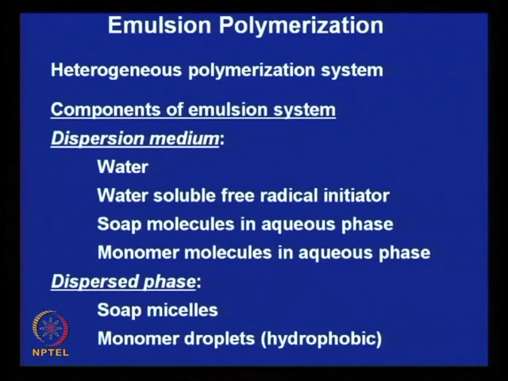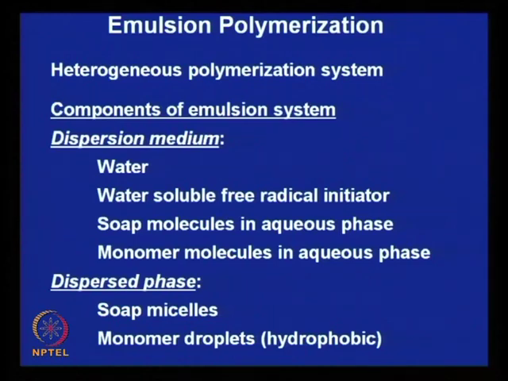Then this is most important, the emulsion polymerization technique. The majority of polymers today are manufactured by emulsion polymerization, because it can be carried out at lower temperature, and the control over polymerization kinetics is better than in other polymerization techniques.